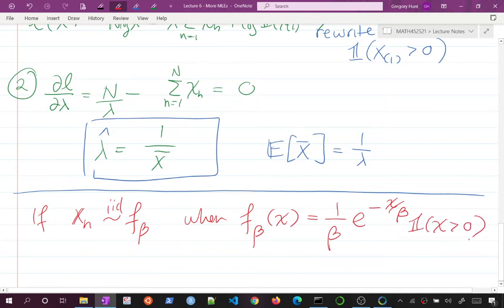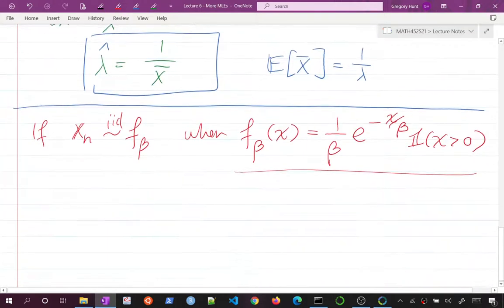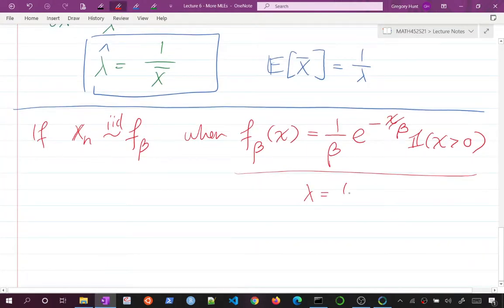So if you look, this is exactly the same form as this, except I've replaced lambda with 1 over beta. So lambda is equal to 1 over beta. And one could ask, if I gave you this problem, what is the MLE for beta?